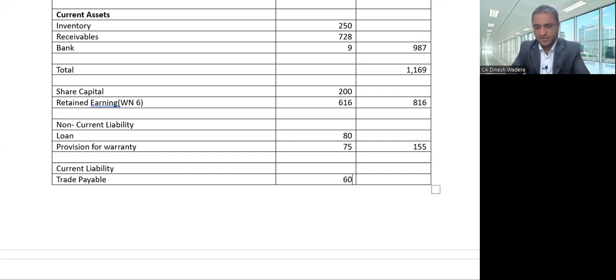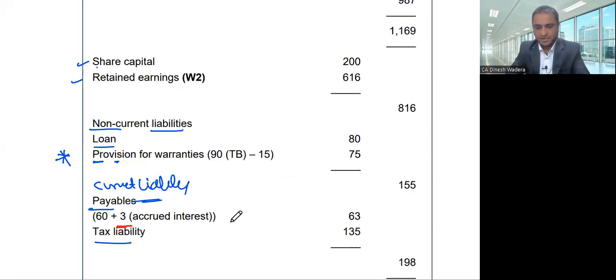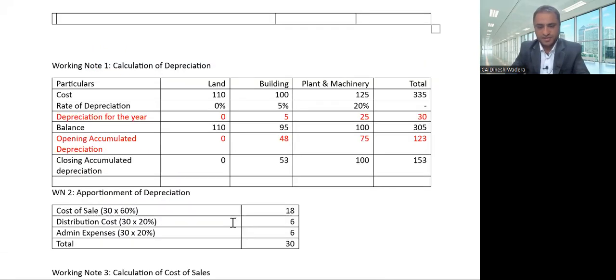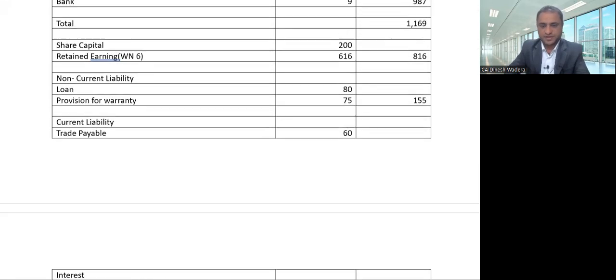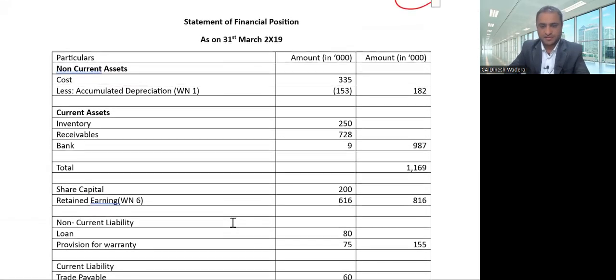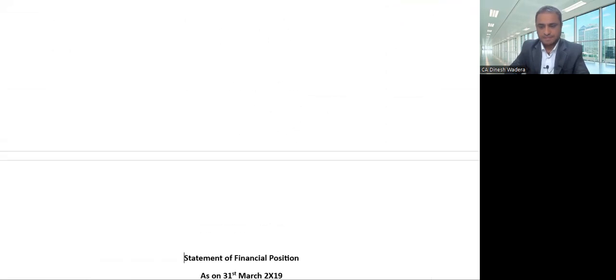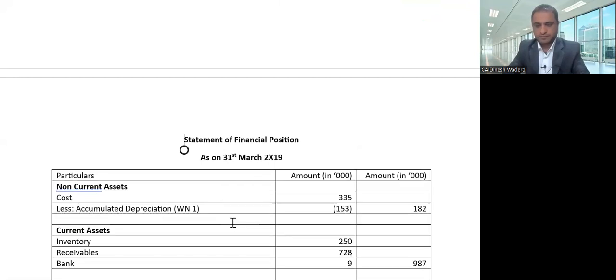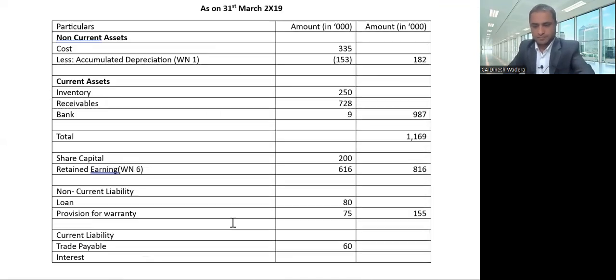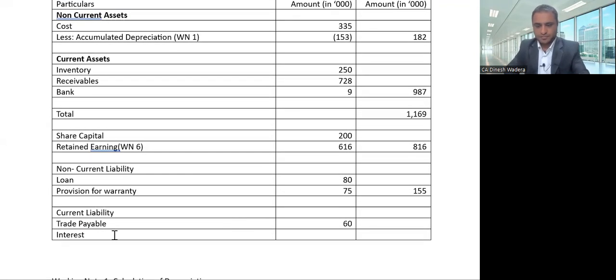Trade payable 60, accrued interest payable, or I will just take it on a separate line. Interest payable 3, no problem.